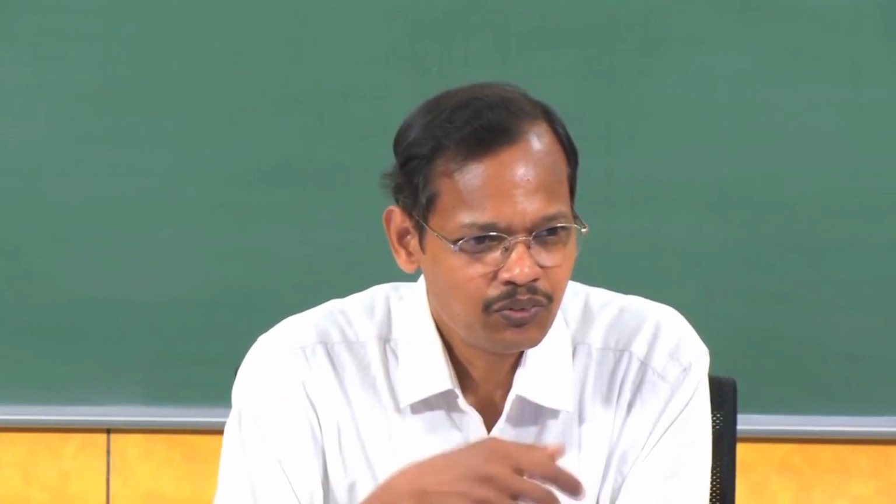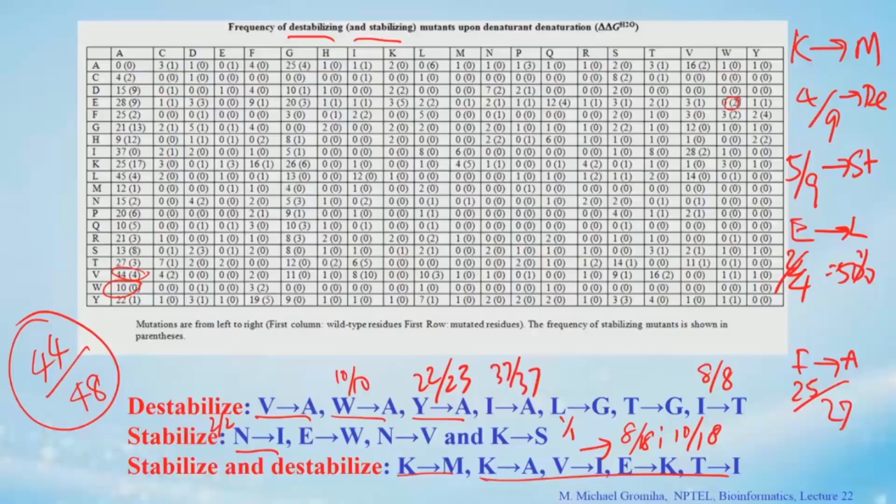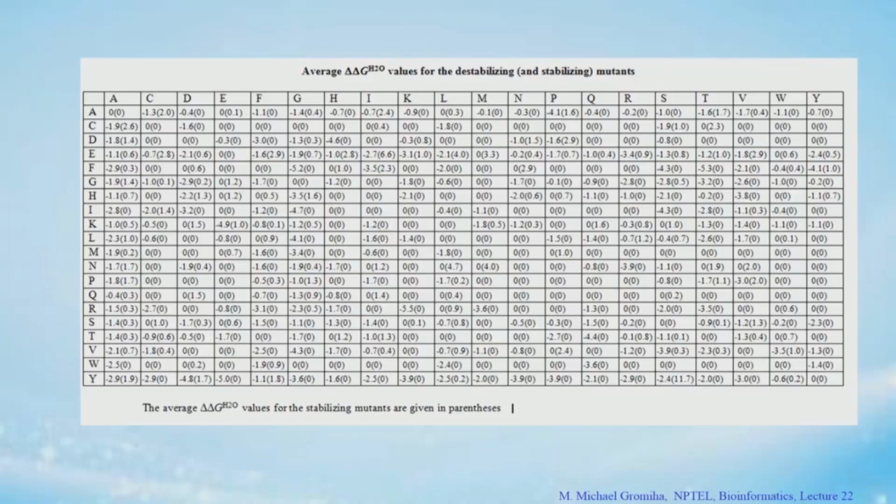This is a classification. Now, if you want to predict the real values, what can we do? For example, if we have these mutants, for C to A there are 4, and we know all 4 values, so take the average, and this is the value, minus 1.9. These are for the destabilizing, and for the stabilizing we give the values in parentheses.